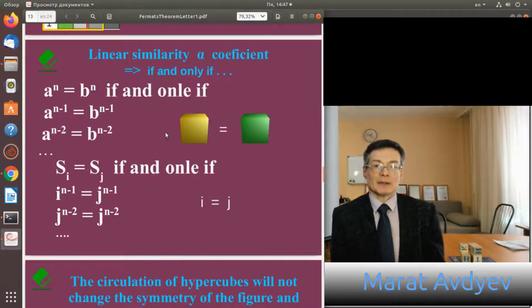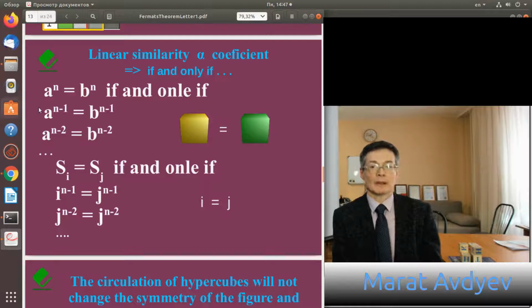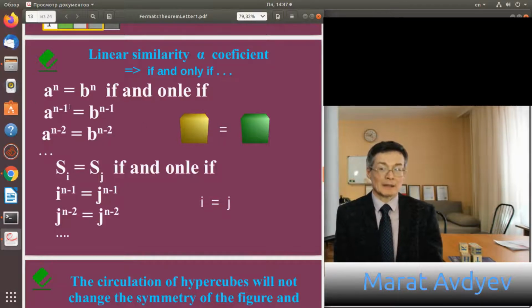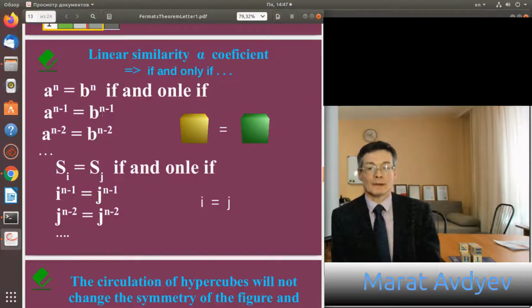Linear similarity, alpha coefficient. It follows if and only if the condition A power n equals B power n if and only if A power n minus 1 equals B power n minus 1. Here are the faces, the volume n minus 1.